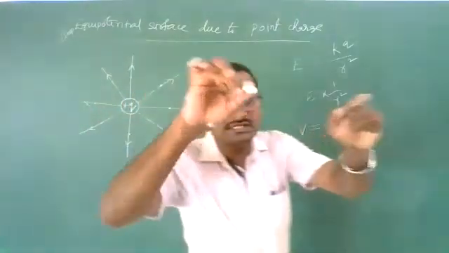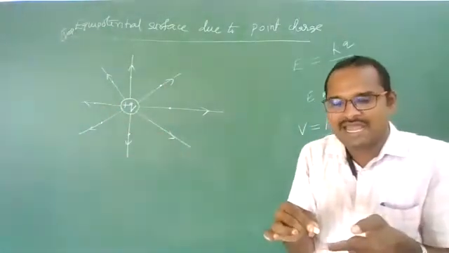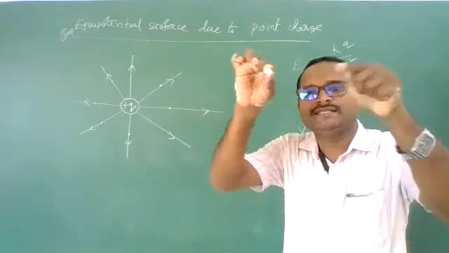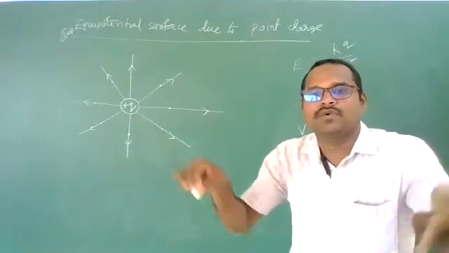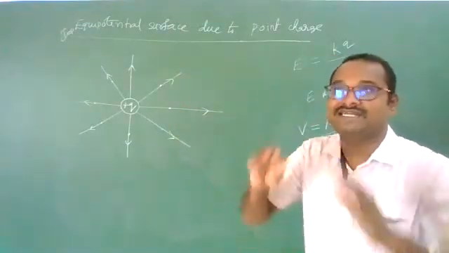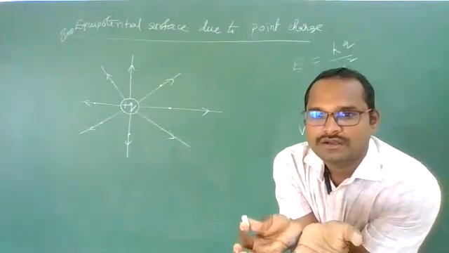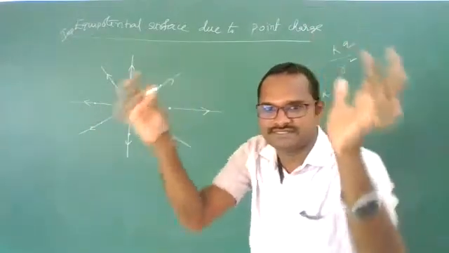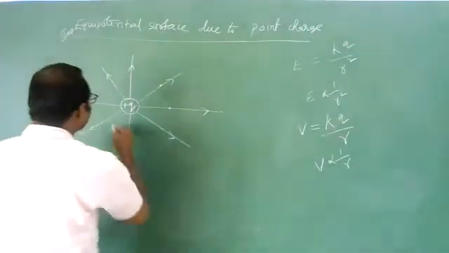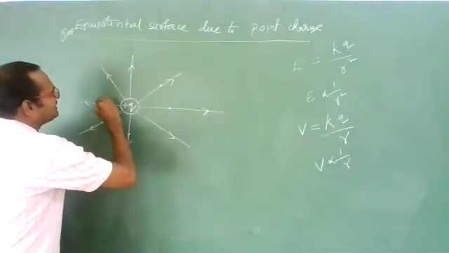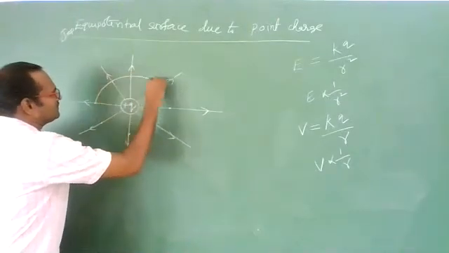If you join all these points which have equal potential, then that locus, that envelope, is called an equipotential surface. It is like a spherical ball, a spherical surface. Imagine the three-dimensional view. So this is the equipotential surface.